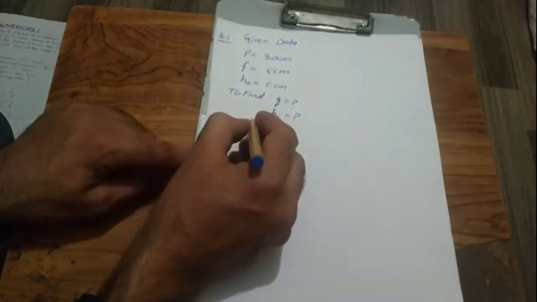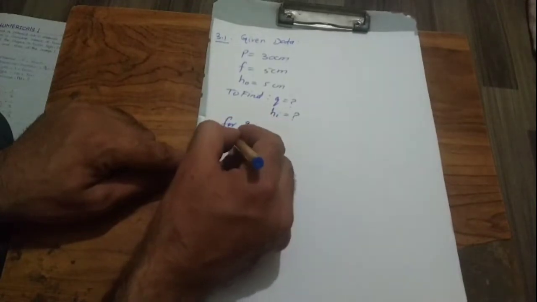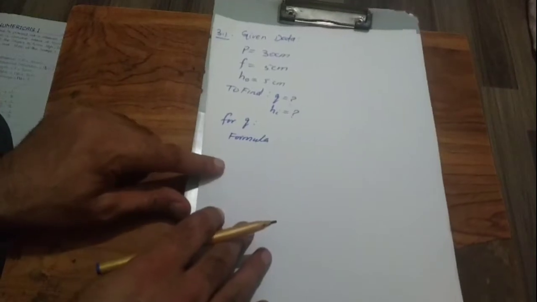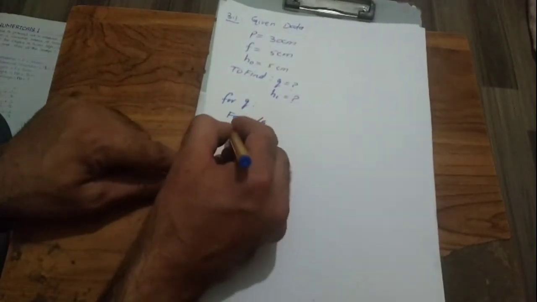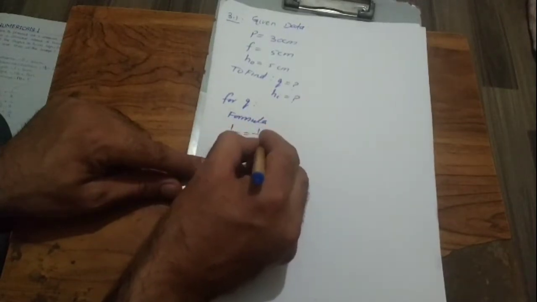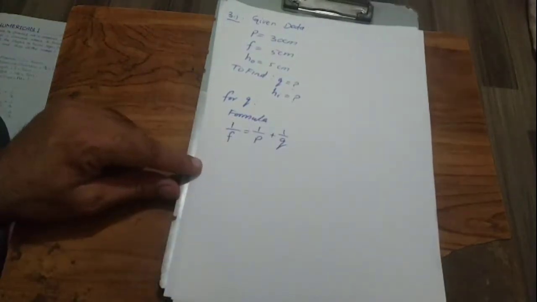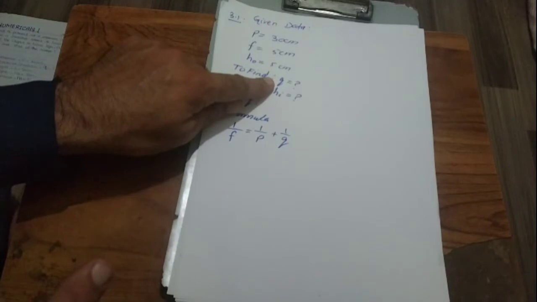So now we are doing it for Q. So we will be using the formula. What will be the appropriate formula for this numerical? We know that 1 over f is equal to 1 over p plus 1 over q. You know better, this is the mirror equation. So we will be using this equation to find the unknown value, that is q.